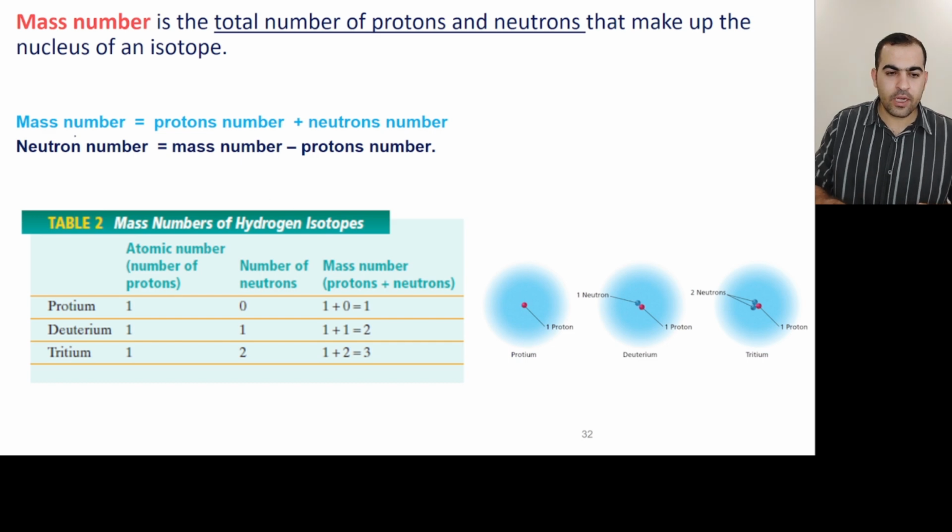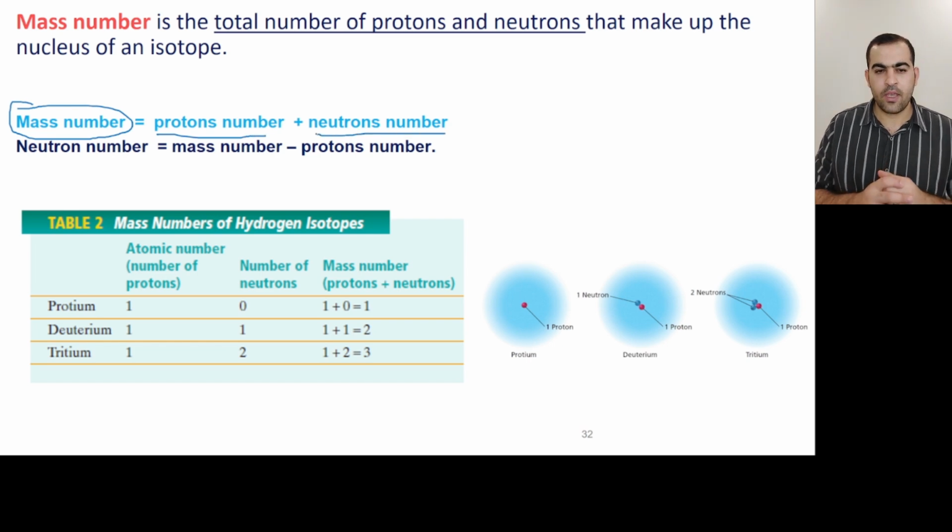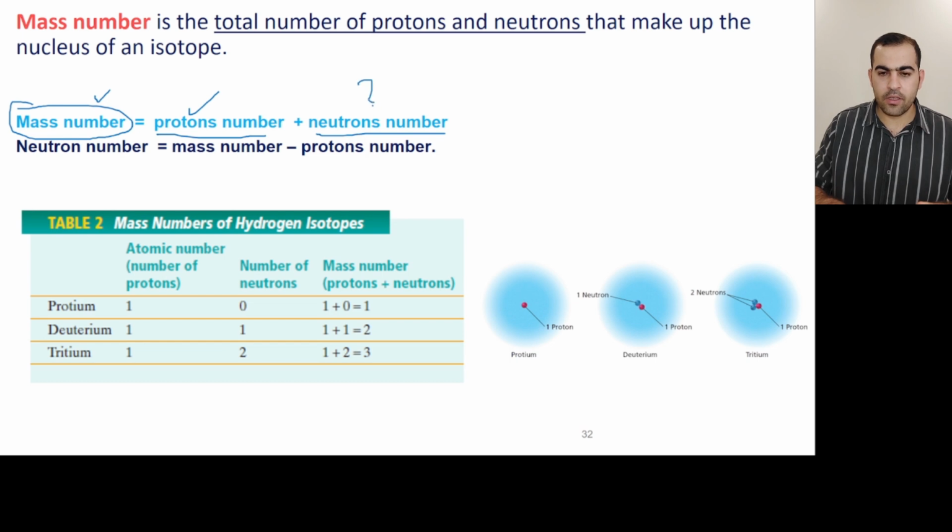Mass number equals protons number plus neutrons number. If I give you the mass number and protons number in the exam, how can you get the neutrons number?